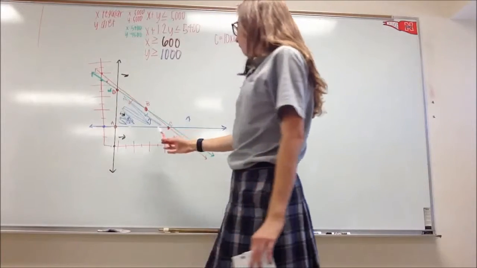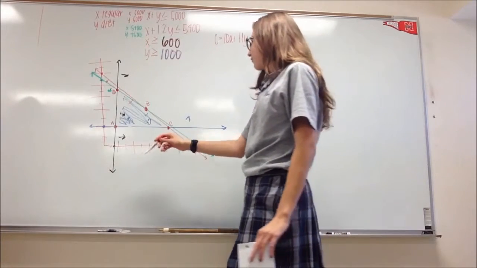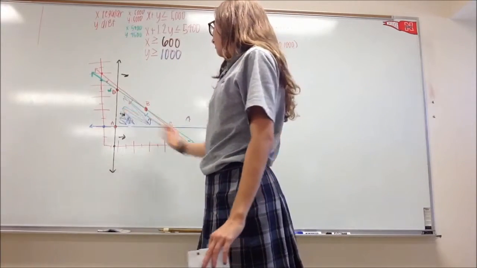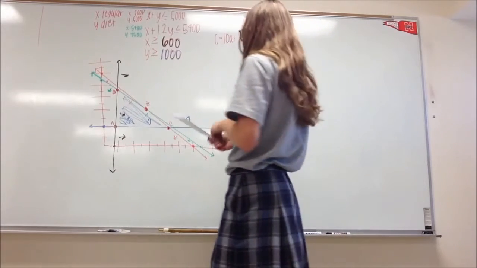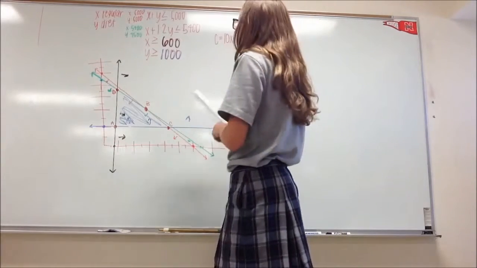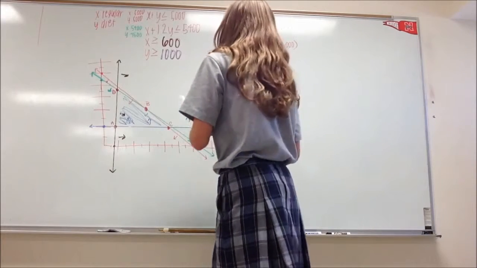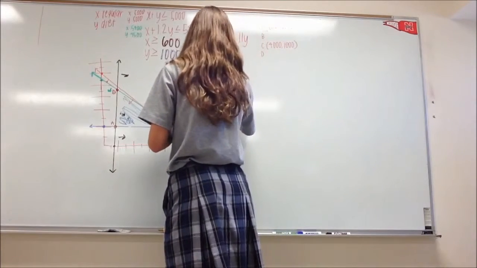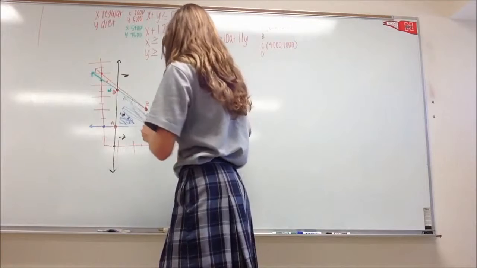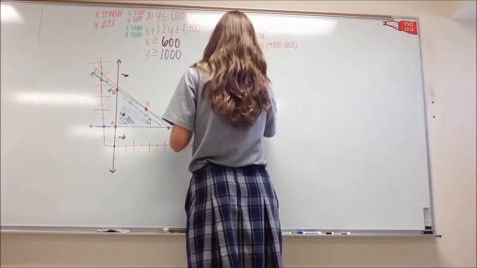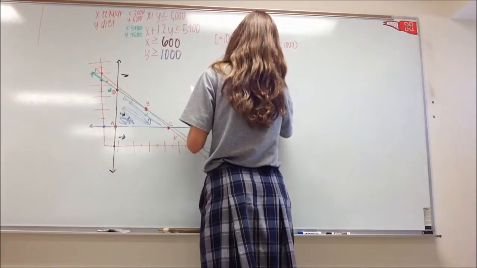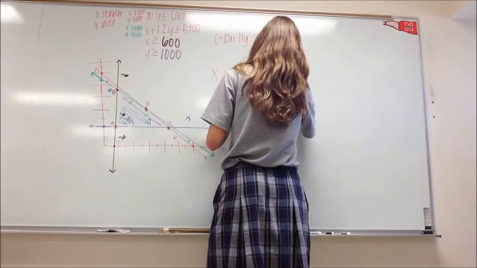We found C because our graph showed it. And then we have to solve for B and D. So we took the red line and the green line equation. But first we had to figure out what to solve for.